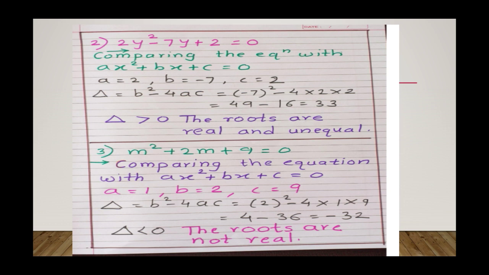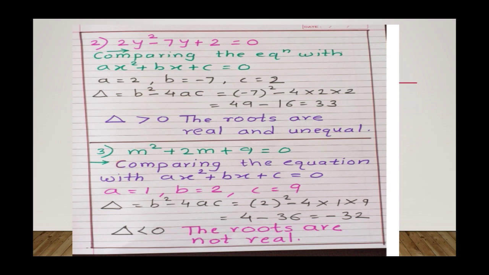Substituting these values of a, b, c, we get minus 7 square minus 4 into 2 into 2. Minus 7 square is 49 minus 16, and therefore the answer is 33. Delta, that is b square minus 4ac, is greater than 0, meaning a positive number. The roots of the equation are real and unequal.